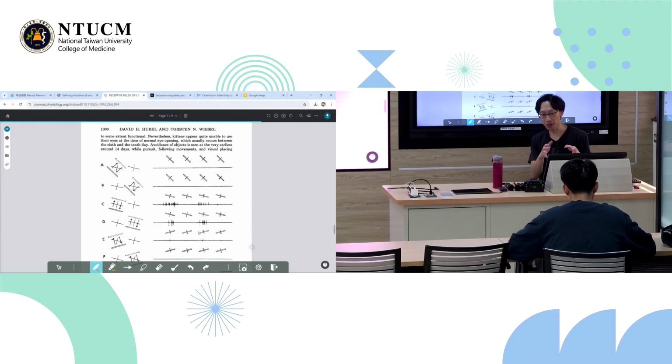But here they zoomed in on something more interesting. This is one electrode, and this electrode only fires at the same location, so it's not about topology or retinotopy.